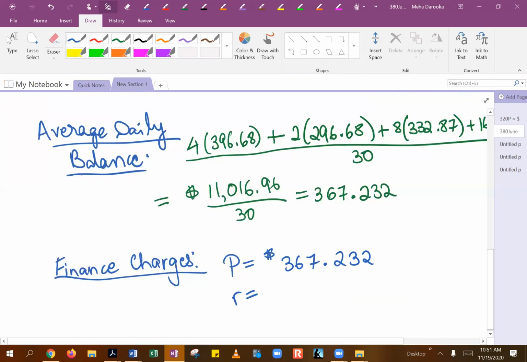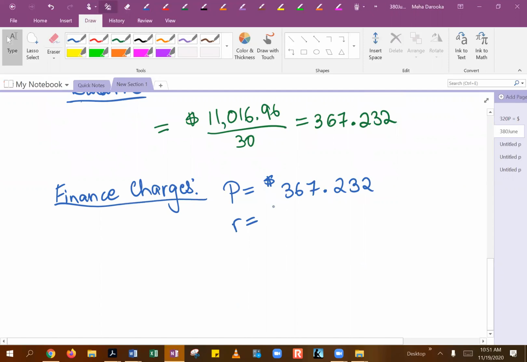So that's going to be our 19.5%, which we will convert into decimal again. So this will come out to be, move that decimal 2 places to the left, and you get 0.195. And then our time, remember time is always in terms of years.